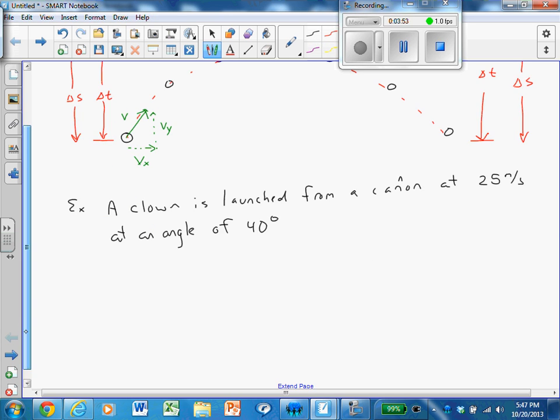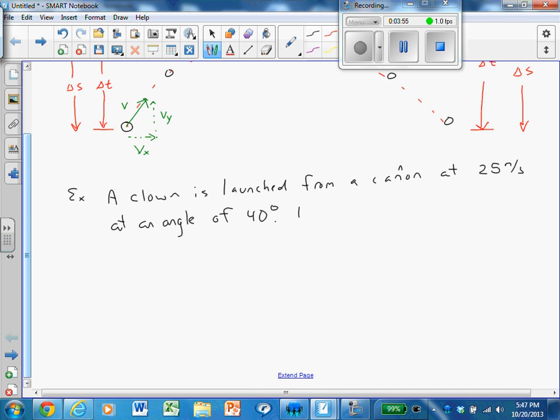What are the x and y components for the initial velocity?